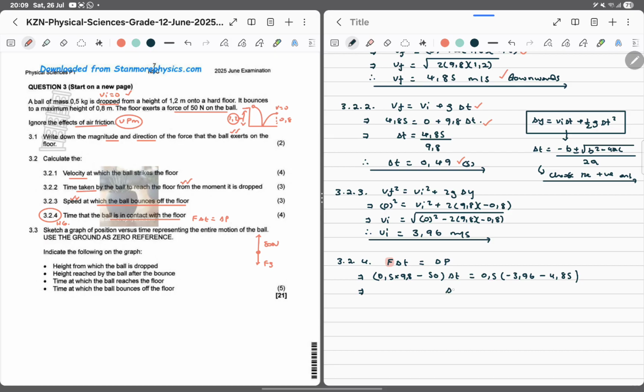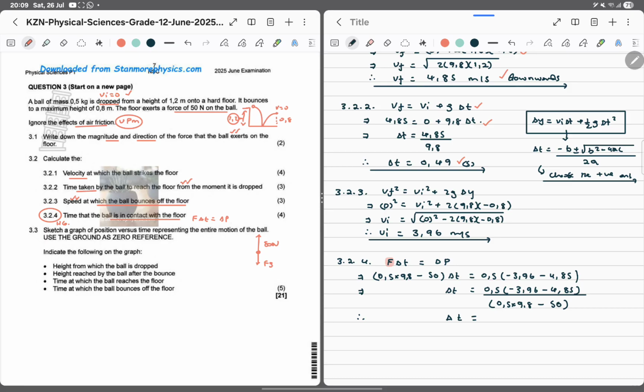So this implies that our delta t is 0.5 into minus 3.96 minus 4.85, all divided by 0.5 times 9.8 minus 50. Therefore, delta t is what we get.